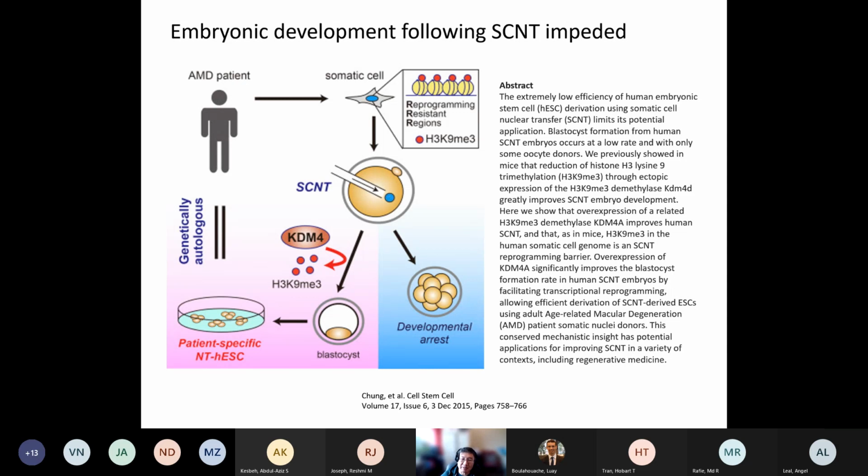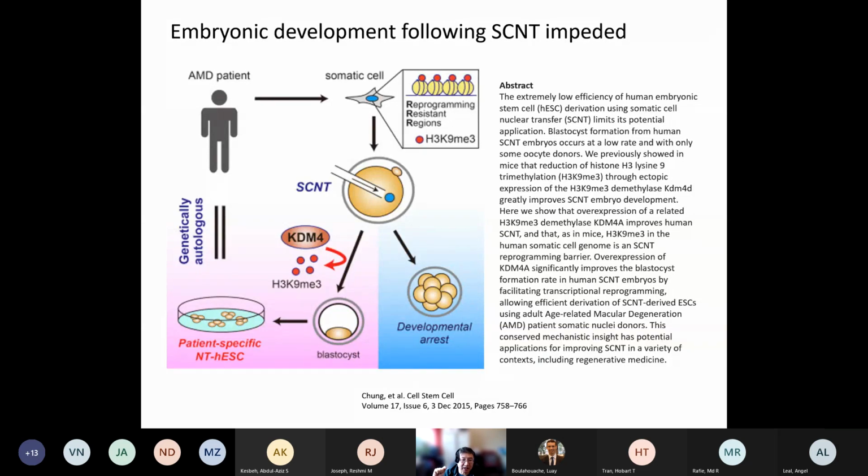One of the epigenetic marks is called histone lysine 9 trimethylation. You have three methyl groups attached to the lysine residue of histone 3, H3. With that mark, that region is not subjected to expression or activation. That's the difference between a fertilized egg and a somatic cell in an enucleated egg.